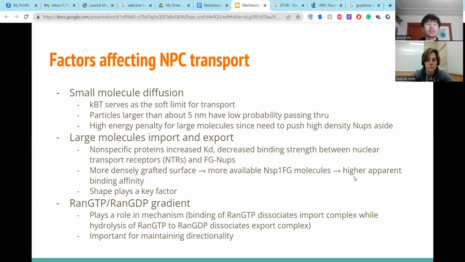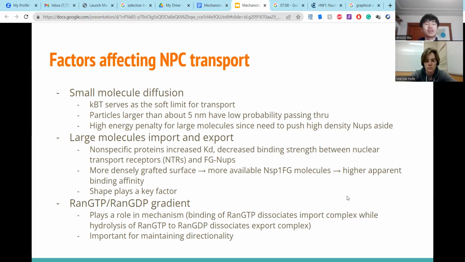Shape also plays a key factor in large molecule import and export. For instance, even a cylinder molecule has a larger volume than a spherical molecule.